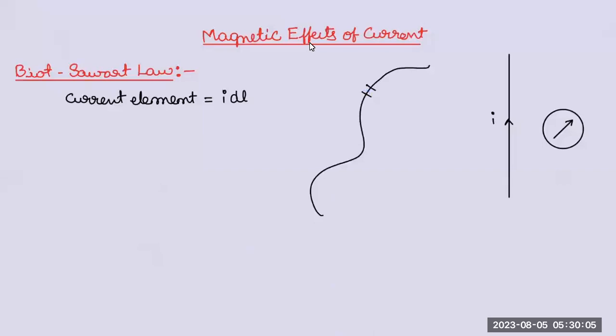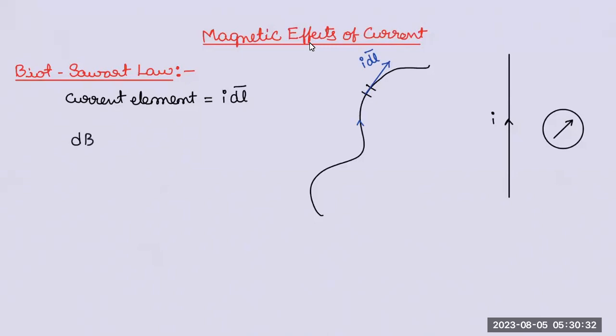Then the current element will be a vector which is tangent to the small element at that point. The direction is the direction of current. This is ideal. Clear? It's a vector quantity. So this is called the current element. I can't give you the entire wire, but I can give it for a current element.